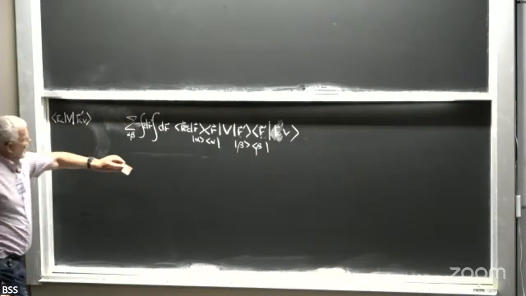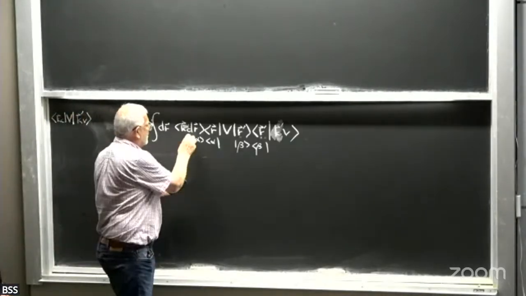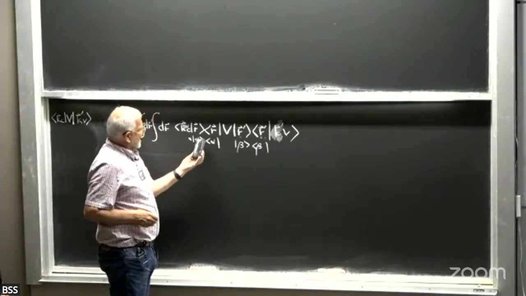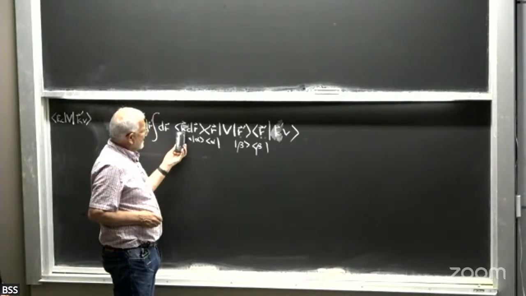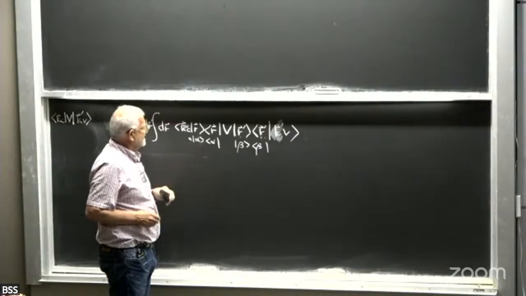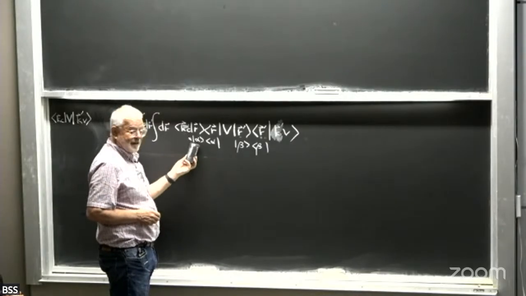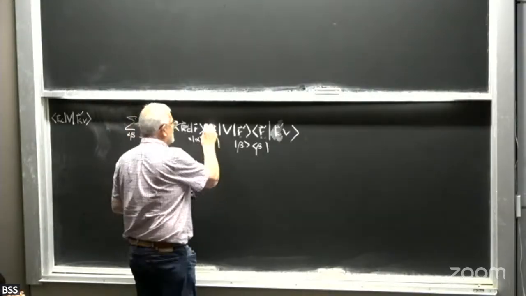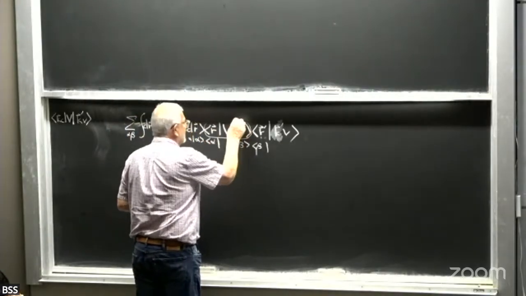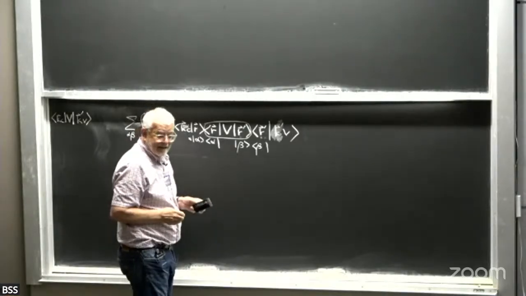So this should be a product here, because all of these quantities are states in this product of orbital space and sublattice space, right? This potential operator is sublattice independent.